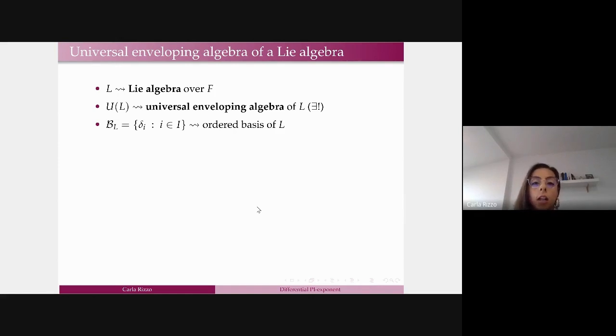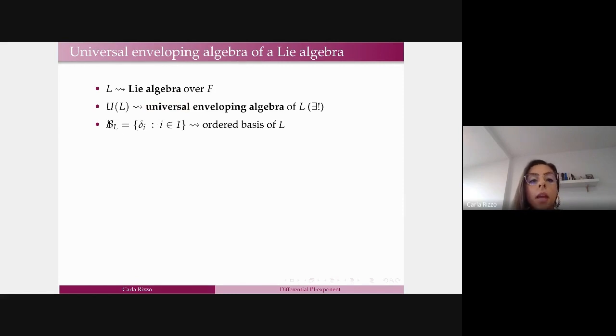So we fix a Lie algebra L, and we consider the universal enveloping algebra of L. Of course, this object, the universal enveloping algebra of L, always exists and is unique up to isomorphism. It is universal in the sense of a universal property, so it satisfies the universal property.